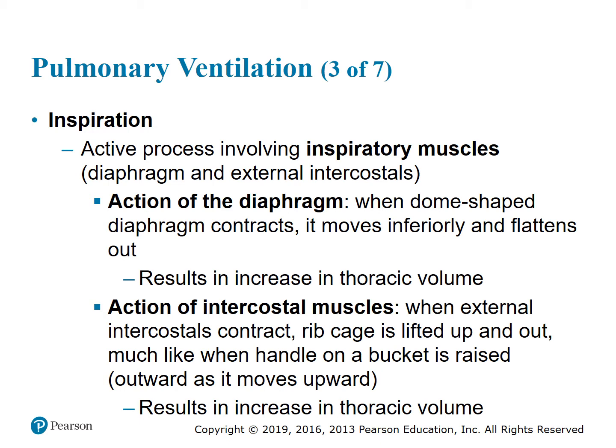When the external intercostals contract, the rib cage is lifted up and out, much like when the handle on a bucket is raised outward as it moves upward, and that results in an increase in the thoracic volume.